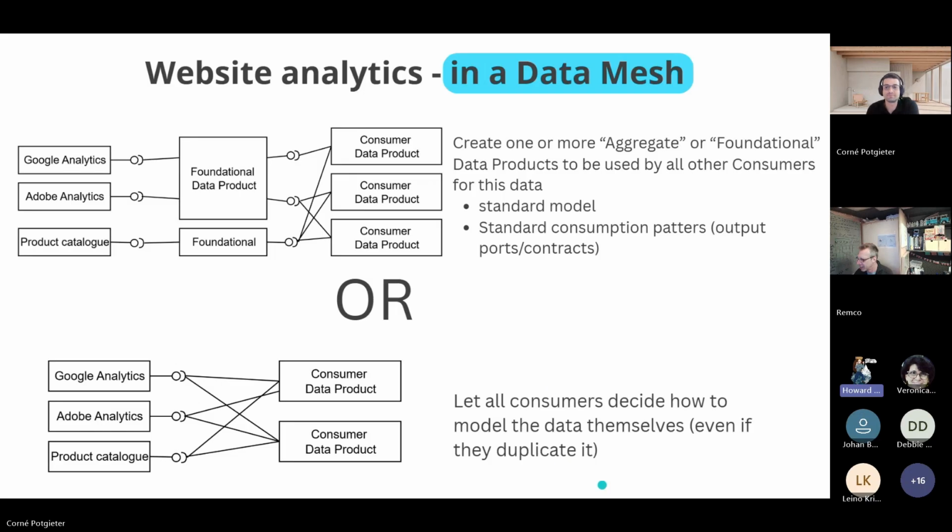So if I could just get some clarity on that side, that foundational product, it certainly can be made up of relational tables if you're going for third normal form. But what it has in terms of a wrapper, it has a contract and a way of accessing it via the output port. And then in terms of the input port, it will define where the data is coming from.